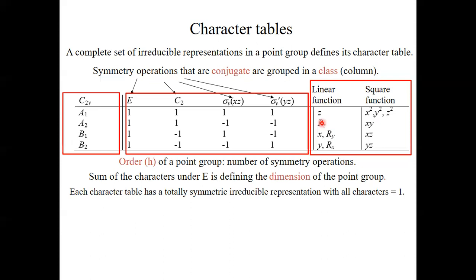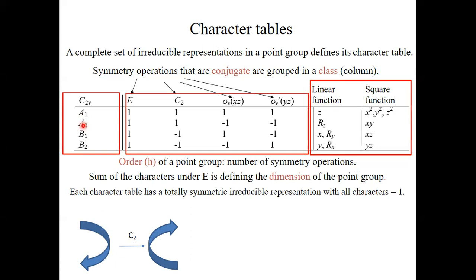We can have not only linear vectors, but also rotational vectors that rotate around a particular coordinate. For instance, we can choose Rz, which you see here in the row for the symmetry type A2. This means that rotation around z has the symmetry type A2.